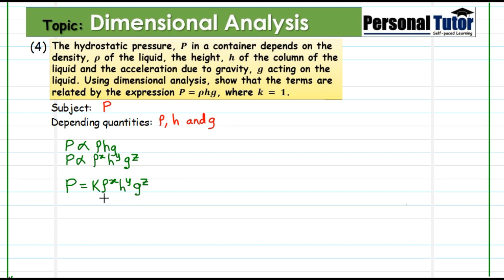Then you write these in their dimensional form, and that will be, because P is pressure, we enclose it in dimensional form like this. K is dimensionless.